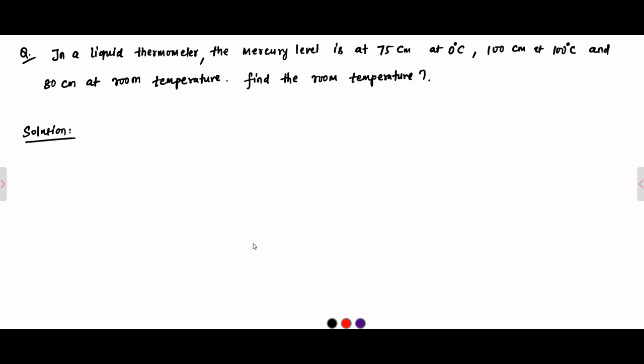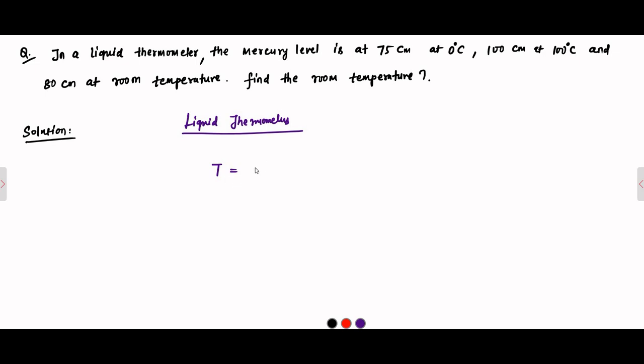If you remember, we discussed in detail the different types of thermometers: constant volume based, liquid and glass thermometers, then electrical resistance and thermocouple based or thermoelectric thermometers. In case of liquid thermometers, where the liquid commonly used is mercury, the temperature is a function of the mercury level.